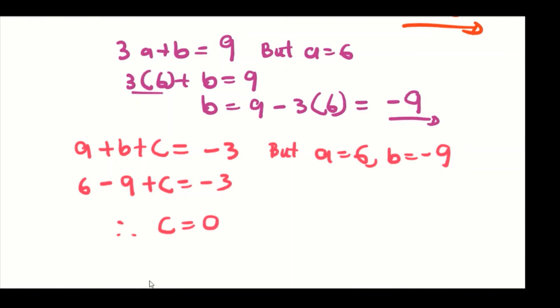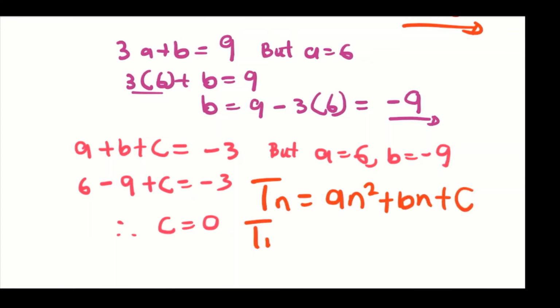Therefore the general term of the sequence is equal to Tn being equal to an squared plus bn plus c.